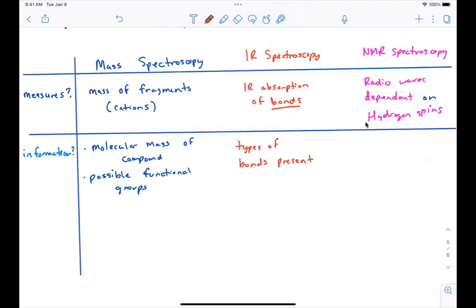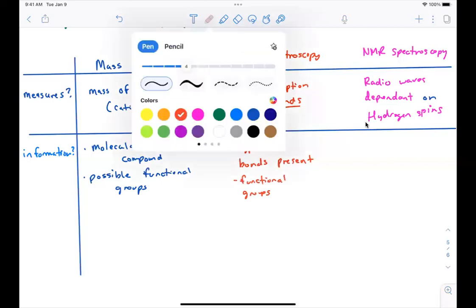So that's the idea of the information you're trying to get from that, is the types of bonds present. Now, that can also lead to functional groups as well, because if you know there's a C double bond O, then you know there's at least either a ketone, aldehyde, or carboxylic acid, or ester present. So there are some characteristics about that that can tell you that as well. But the main idea is bonds present.